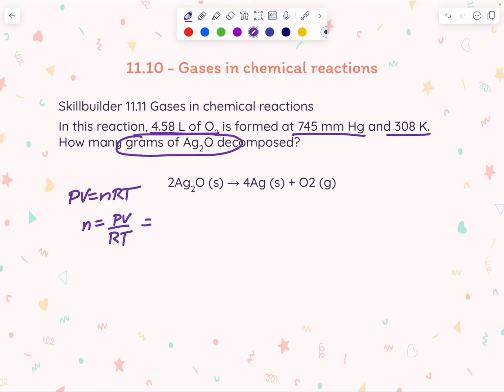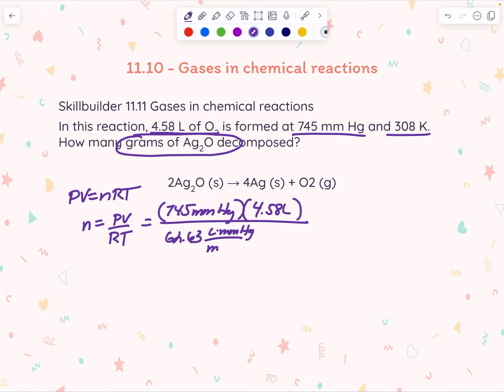So I can substitute in those numbers, 745 millimeters of mercury. The volume is 4.58 liters. The R is again 62.36 liters times millimeters of mercury over moles times Kelvin, and the temperature is 308 Kelvin.